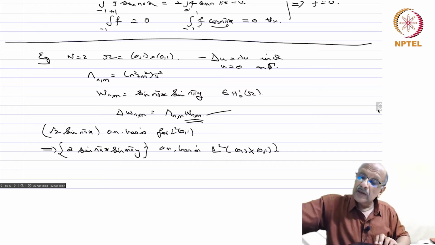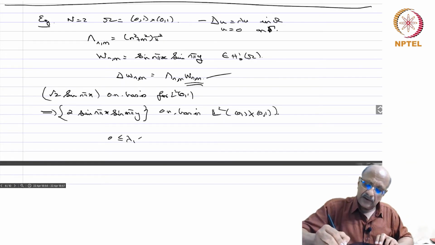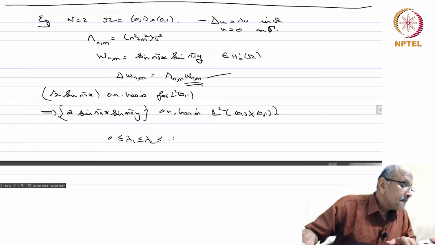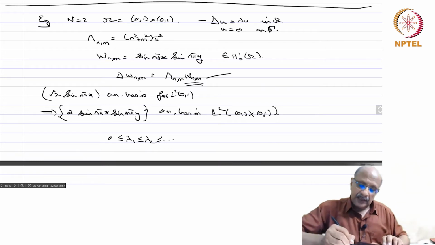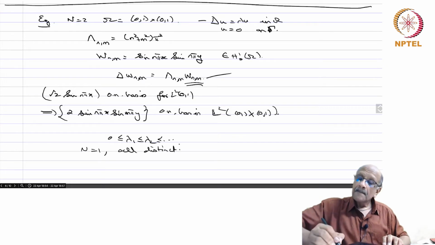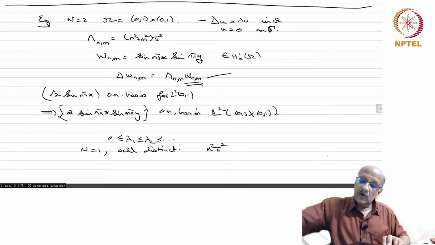Okay. So, when we wrote that 0 ≤ λ1 ≤ λ2 and so on, if n equals 1, then all the eigenvalues are distinct, because you have n²π², these are all distinct.